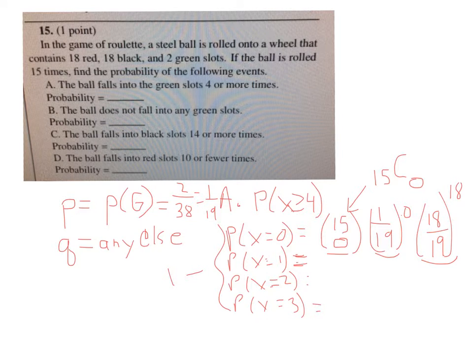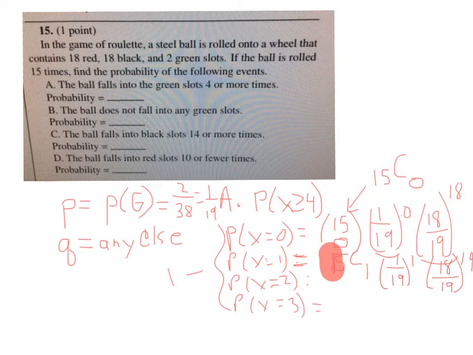So now if we're doing the probability that we get it into the green slot 1 time, I'll write it with the choose: 15 choose 1 times 1 over 19, and we want that to happen once, and we want the non-green to happen 14 times.